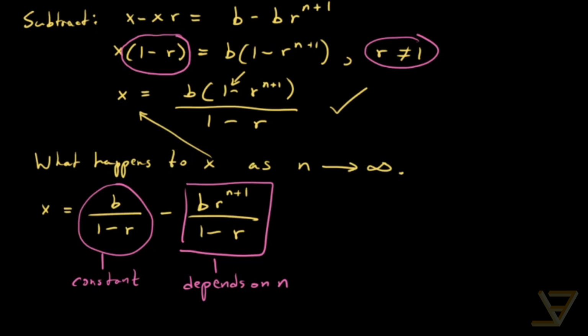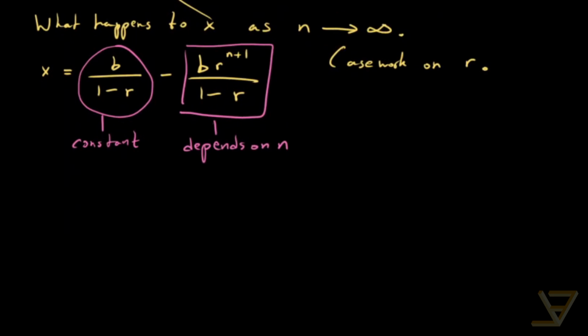What we're going to do is do casework on r. And there are a few possibilities, because what r is with respect to a certain interval that I'll mention in just a second really determines whether this sum converges or diverges, or doesn't do either. But it's a matter of whether it converges or not.